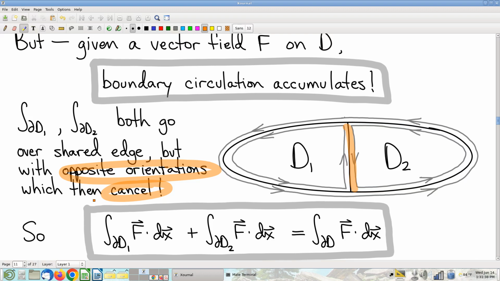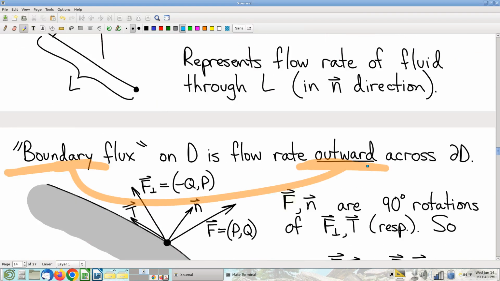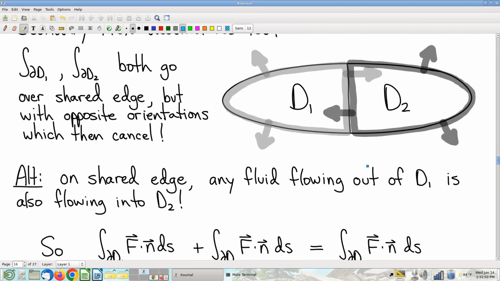It's just that here we're talking about two different directions along this new edge. Whereas down here we're talking about two different directions through this new edge. But it's still opposite orientations on the new edge. Okay, so very, very analogous.